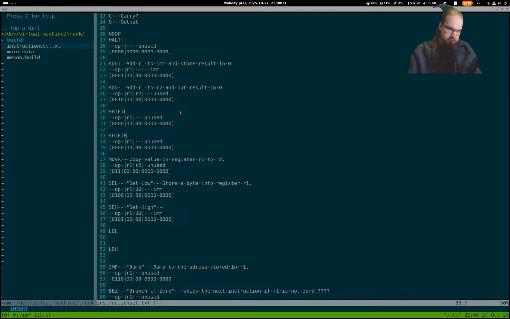Do you want to set a value? How many times should it be shifted? I say we just shift it. That's more fun. It's more useful, I guess.